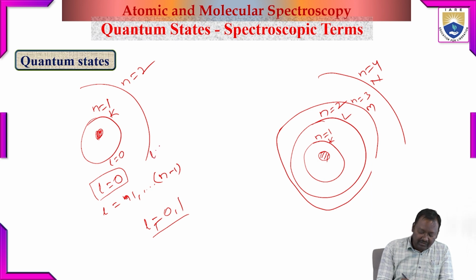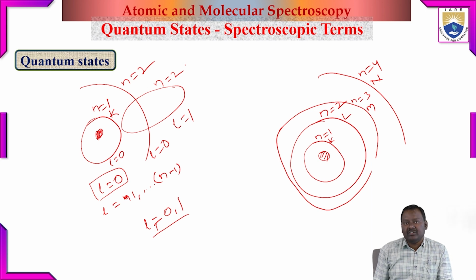One is l equal to 0, and there is an existence of an elliptical orbit for which l equal to 1. So for this elliptical orbit, n is equal to 2 and l equal to 1. So for the principal quantum number n equal to 2, there are two states.